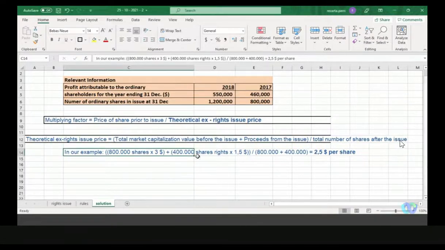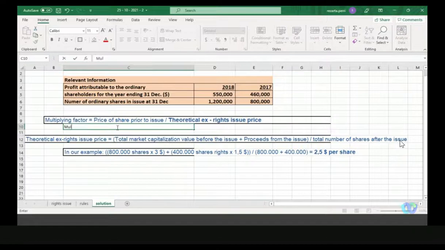Okay. So it seems like we have the theoretical ex-rights issue price calculated in the way that the standard requires. And right now I am able to calculate the multiplying factor, because I have all the information I need. The price of share prior to the issue is 3, and the theoretical ex price is 2.5.